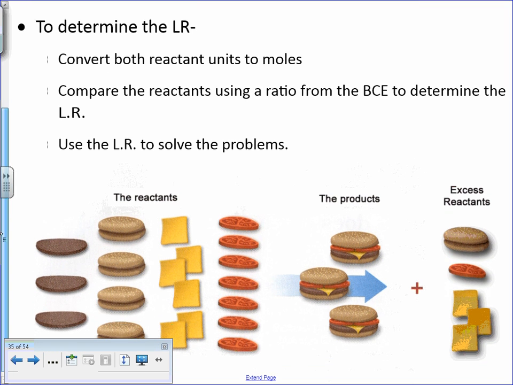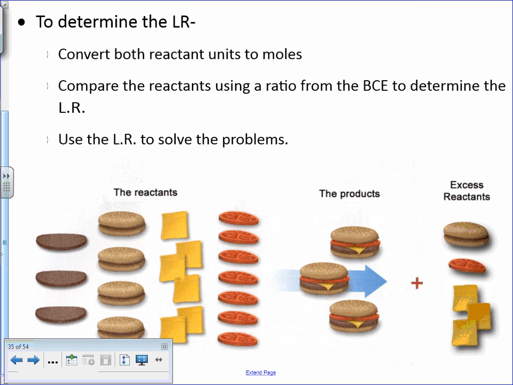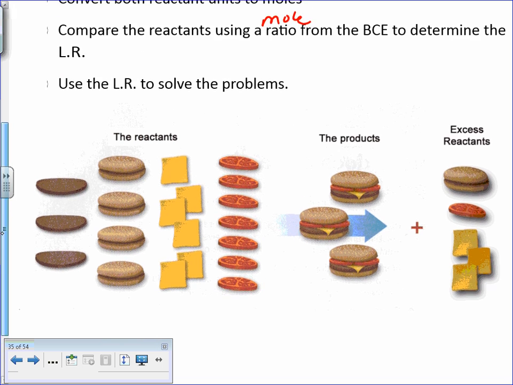Okie dokie. Looking at my example, is the ratio the mole ratio? The mole ratio. From my example, based off the pictures, who's the LR? The meat. You just assumed it was a hamburger.